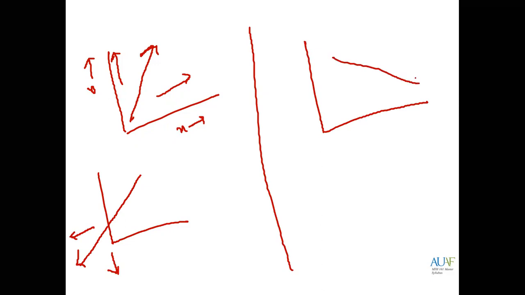Decreasing function: one variable is increasing, the other is decreasing. Like this graph, you can see x is increasing on this side, but y is decreasing. We have the equation y is equal to 10 minus x. So this is a decreasing function.